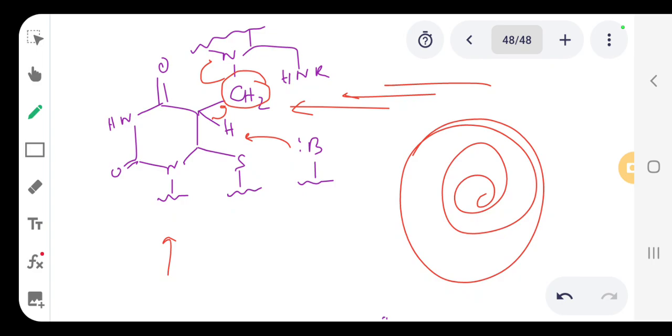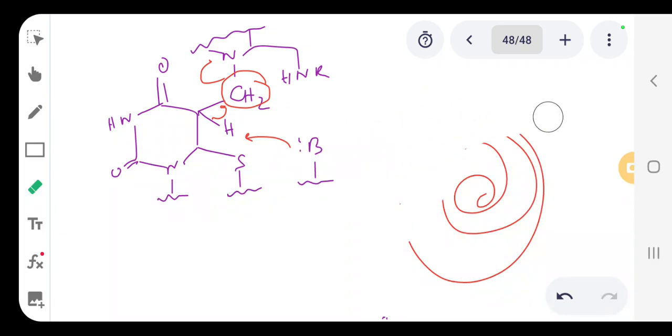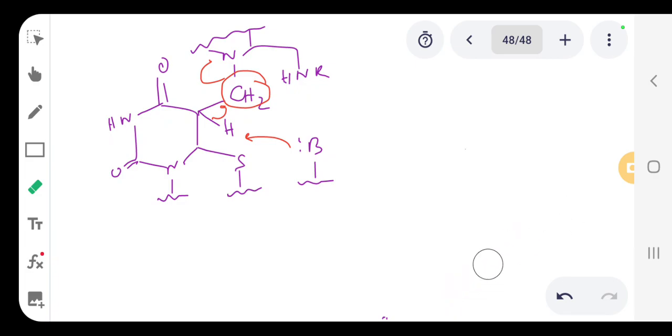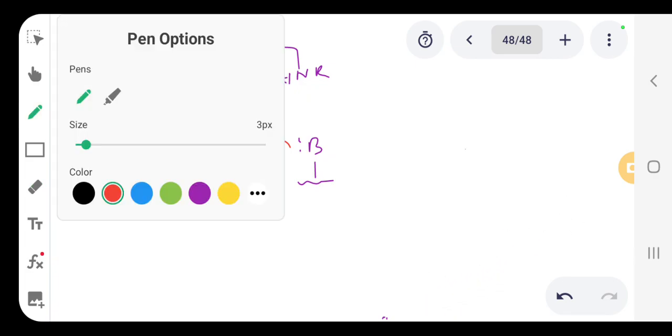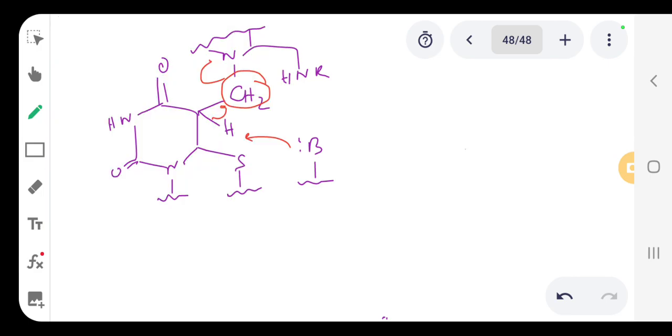Why? Without this CH2, no deoxythymidine will be there, and without thymidine no DNA will occur. To produce thymidine, this CH2 acts as a very important coenzyme by attaching with the THF. Okay, so this is happening.